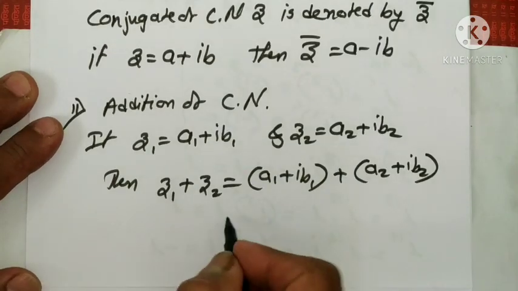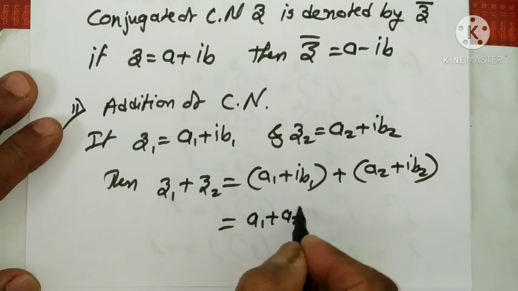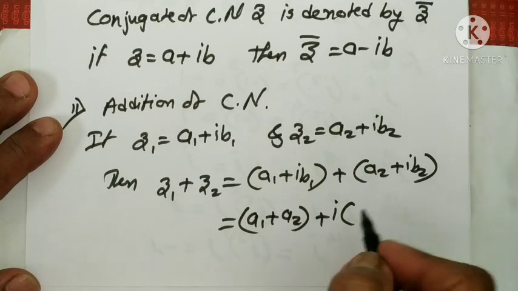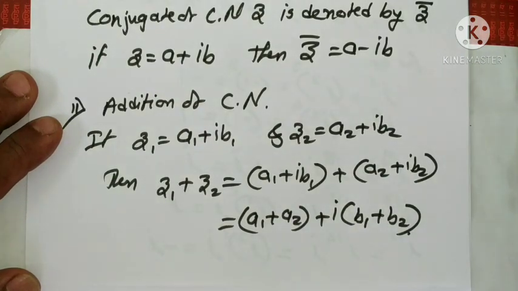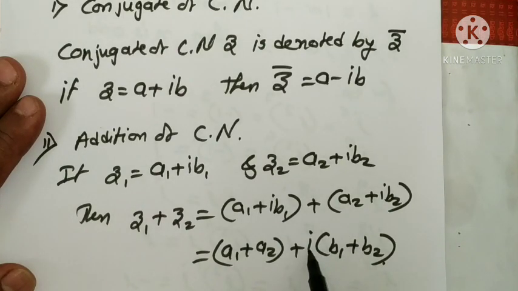Then adding the real numbers, a1 plus a2, plus i common outside, b1 plus b2. b1 plus b2 are the imaginary part, therefore taking i common outside.